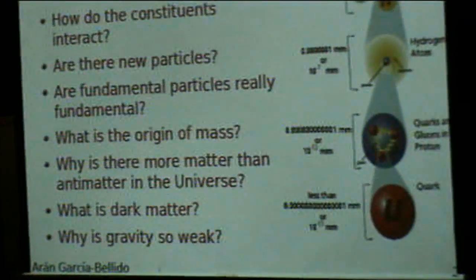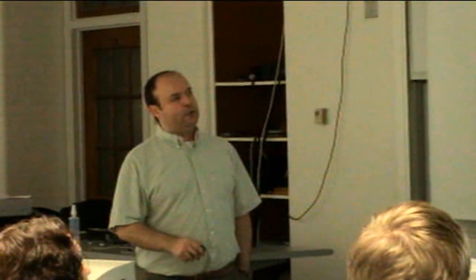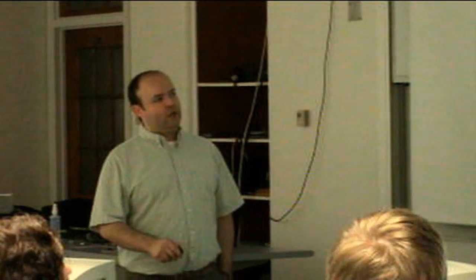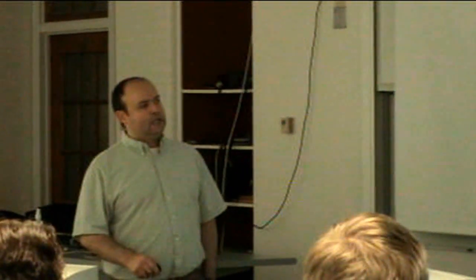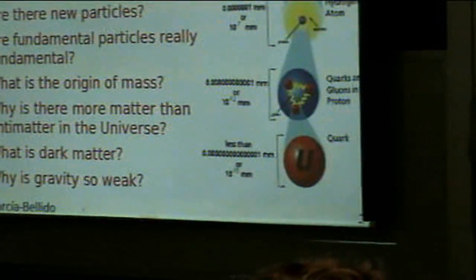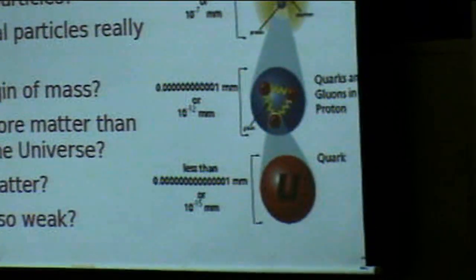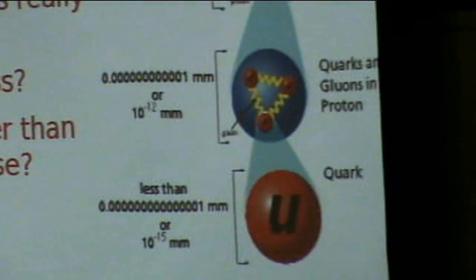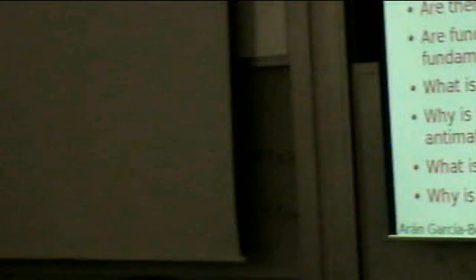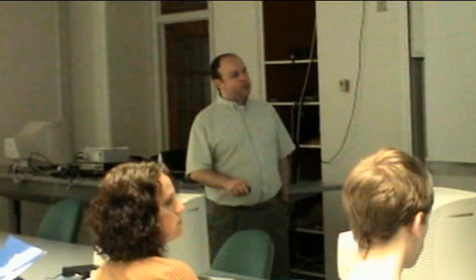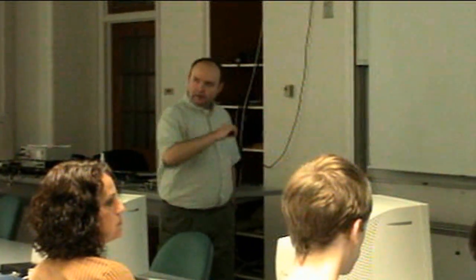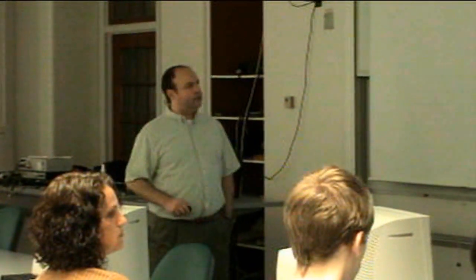So if you start from something in our everyday life, like a water droplet, for example, how that molecule is bound together, then what that molecule is made of, what the atoms are, and then if you keep going inside the nucleus, what those protons are made of, which are made of quarks, and then the final question is, do we actually have anything smaller than a quark? So are the quarks themselves composite? So that's one of the big questions. How small can we go in this reductionist quest, basically?